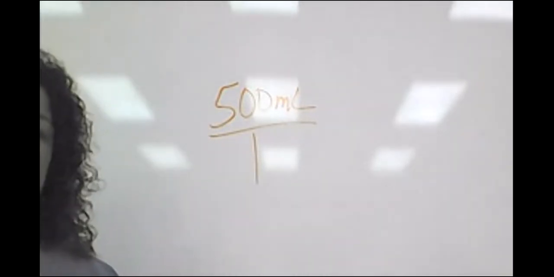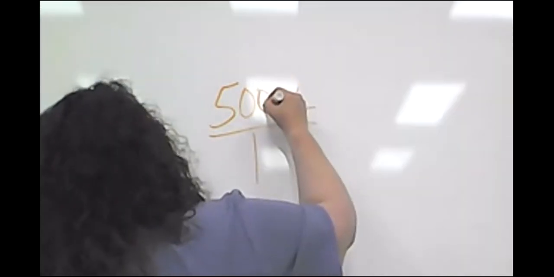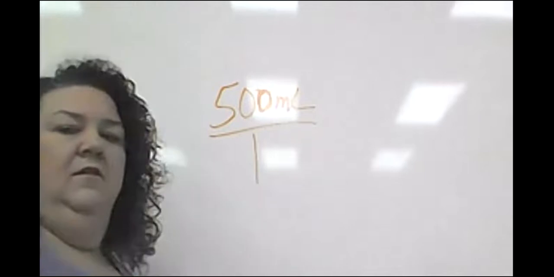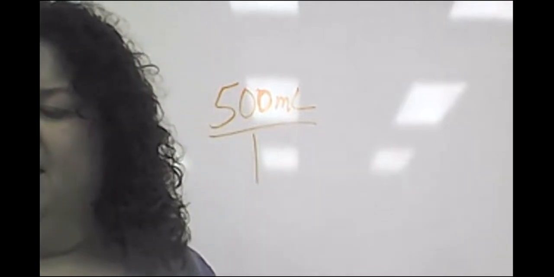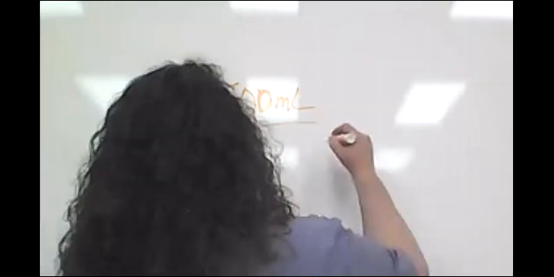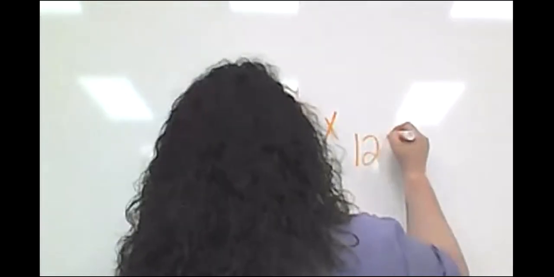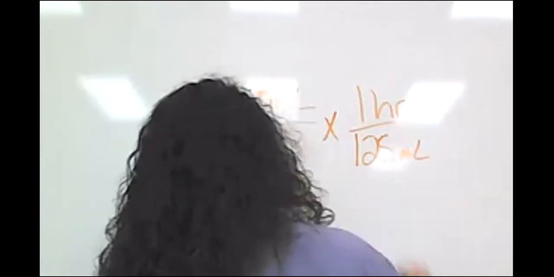Again, I apologize about the glare, but that is 500 mLs. And we are also told that the bag is to be administered at a rate of 125 ml per hour. 125 ml for every hour.